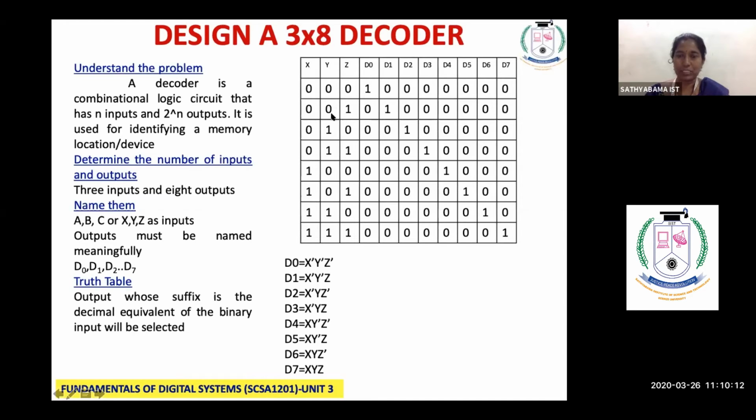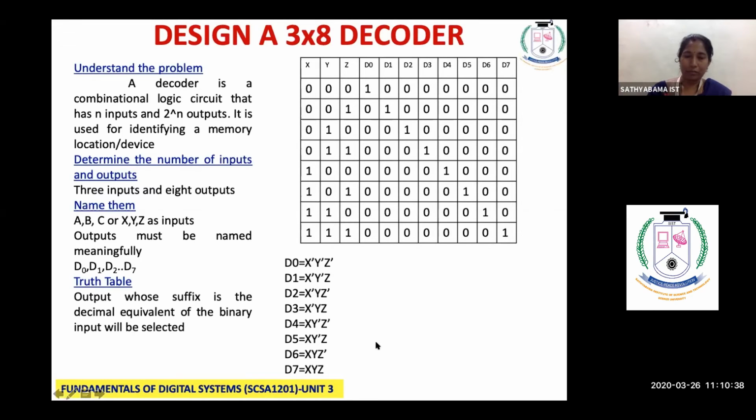What are those inputs? x equal to 0, y equal to 0, z equal to 1. So it is x dash, y dash, z. Only one logic: go to that corresponding column, find where all you are having a 1 and write all those corresponding inputs. Likewise, we have written for D0, D1, D2, D3, and so on up to D7.